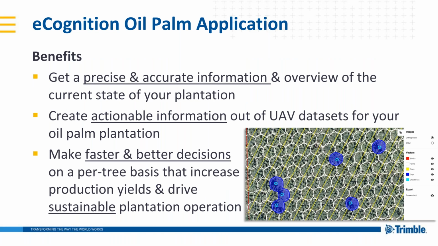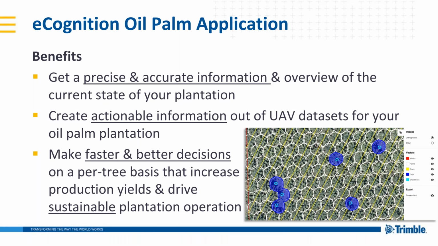What are the benefits of the eCognition oil palm application? First of all, we get precise and accurate information and a great overview of the current state of our plantation. I say current state because it's the state of when we fly it with the UAV. We can create actionable information directly from our UAV data sets that can immediately be used by plantation operators.